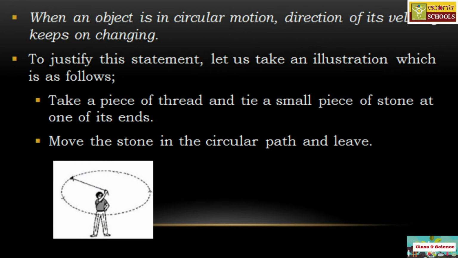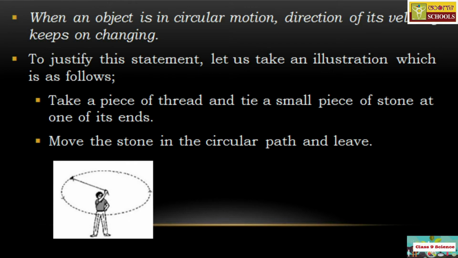As I already said, when the object maintains its uniform speed, then it is uniform circular motion. If it is not, then it is called non-uniform circular motion.